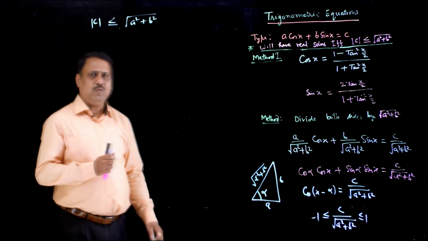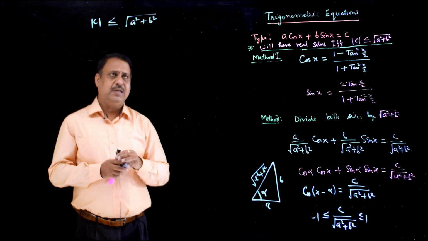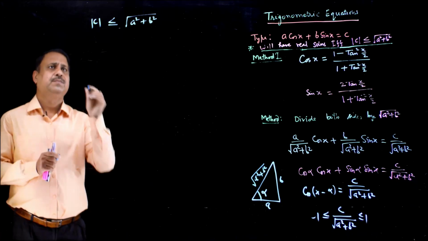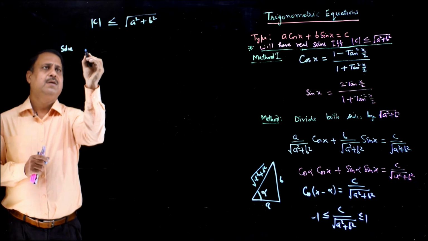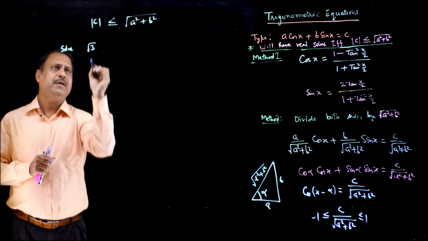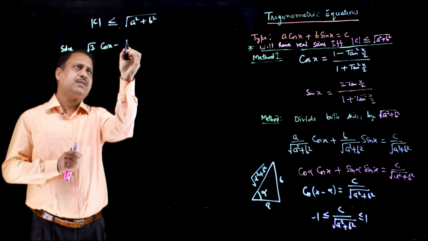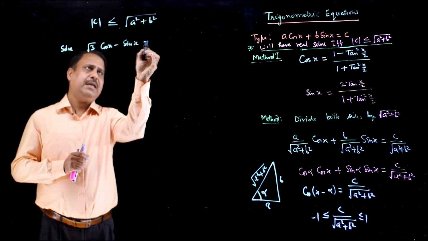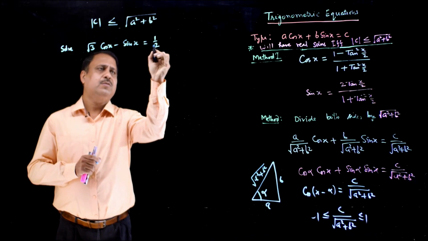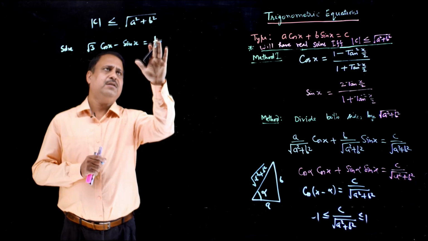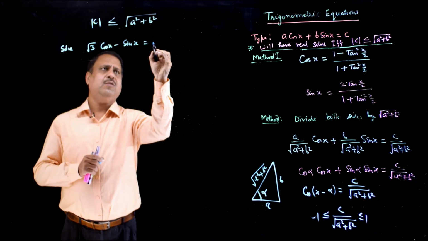One example I am taking to explain all this concept. Let us take one question. Solve under root 3 cos x minus sin x is equal to under root 2.